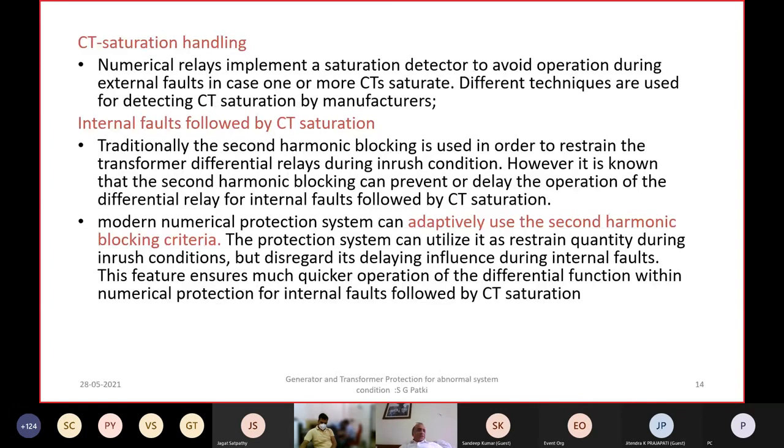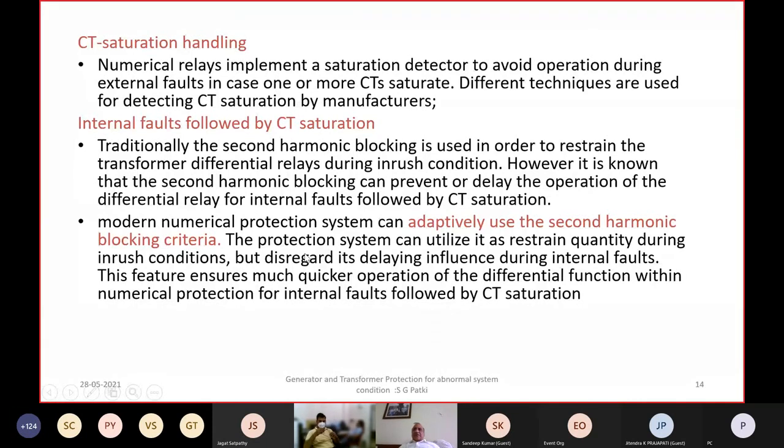On one hand, we say that we require special protection class current transformers for REF relay and differential relay. But with the numerical relay, if we go for CTs which do not have the required knee point and magnetization characteristic, then you may land up in undesirable operation because of CT saturation or transient performance.